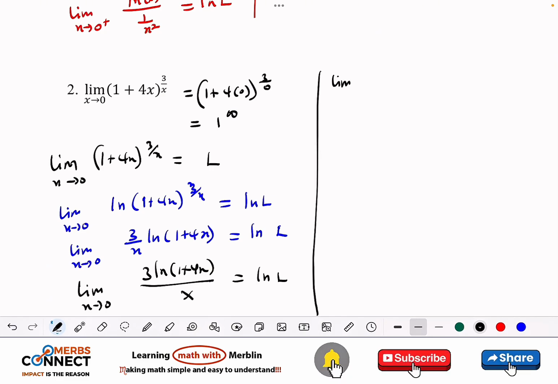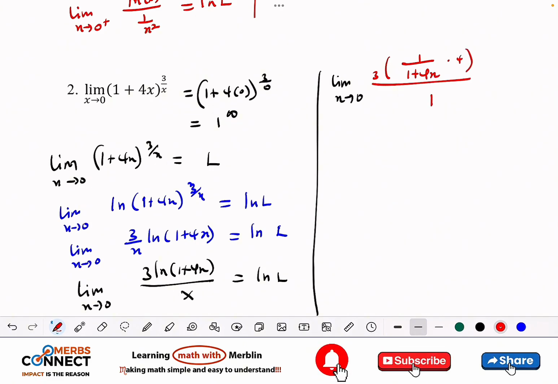So limit x approaching 0, differentiate this. What are you going to get? How do you differentiate a ln function? 1 divided by what is inside the bracket, 1 plus 4x, times you differentiate what is inside the bracket, which gives us 4, divided by, when I differentiate x, I get 1, is equal to the natural log of L, right?